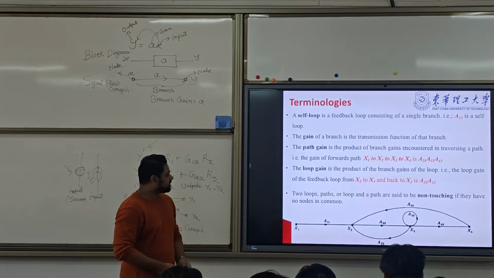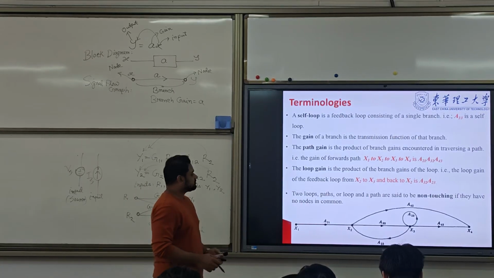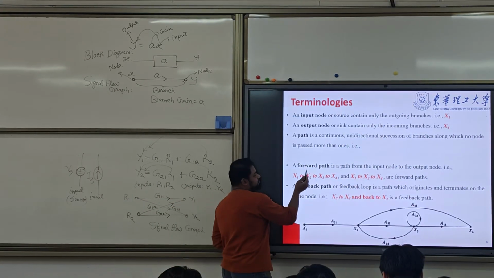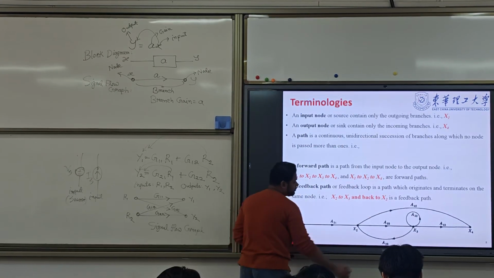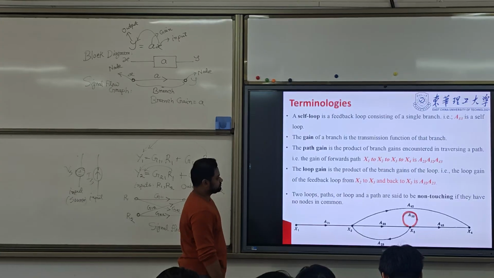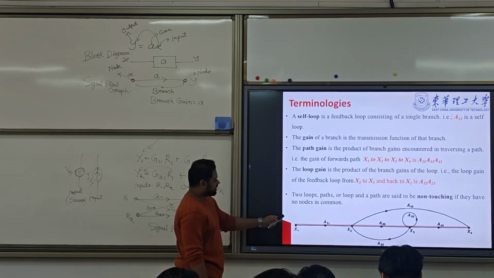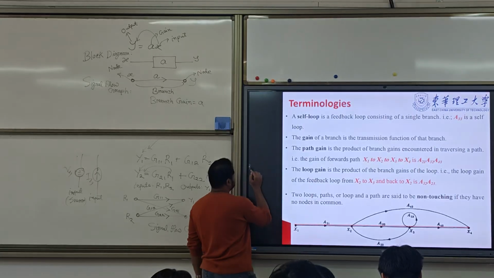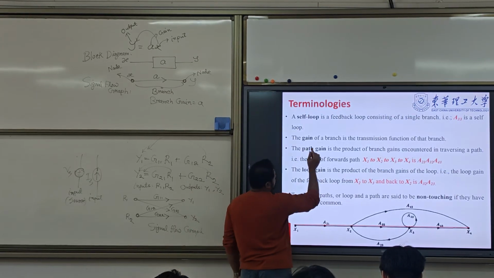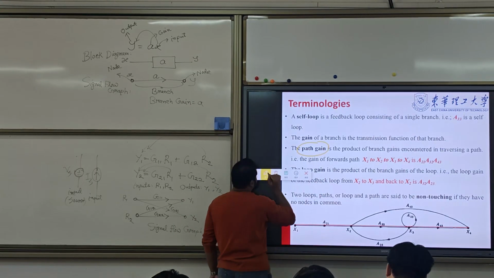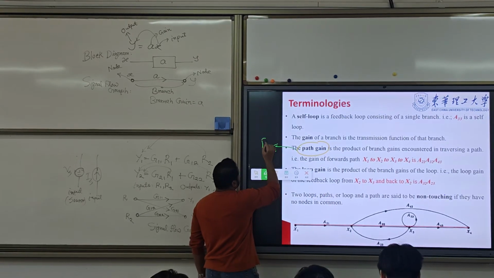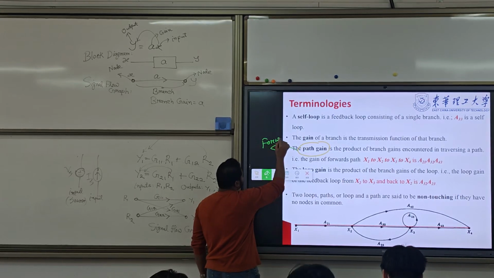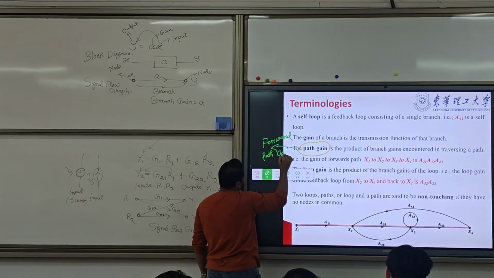So let's see here, what are the forward paths? We have two forward paths. One starts from x1, x2, x3, x4. So here, what are the gains? Path gain, we can call it forward path gain.